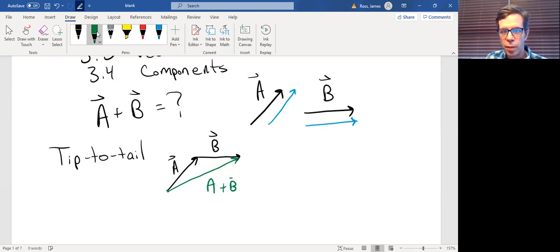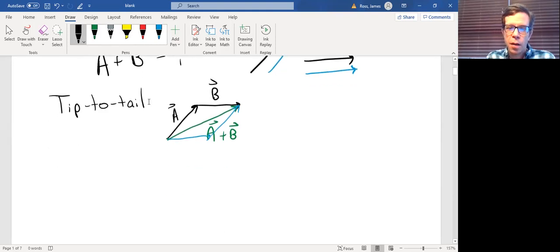And that would be A plus B. You can see that we could have done B first and then A, and we would get the same sum. So it is commutative, and it's also associative.